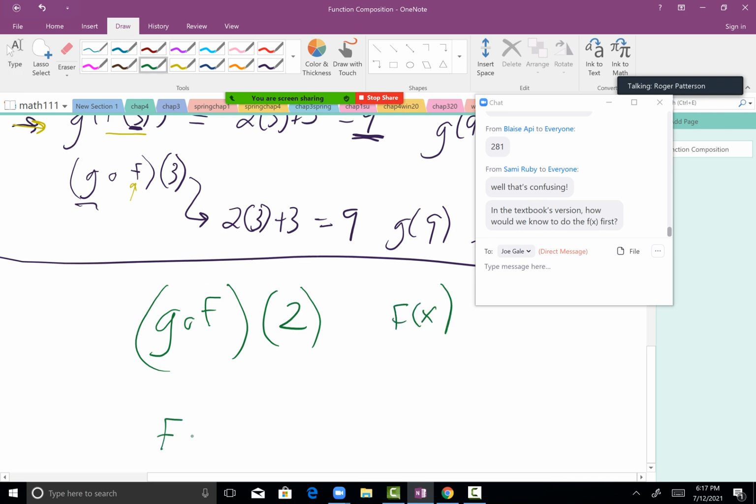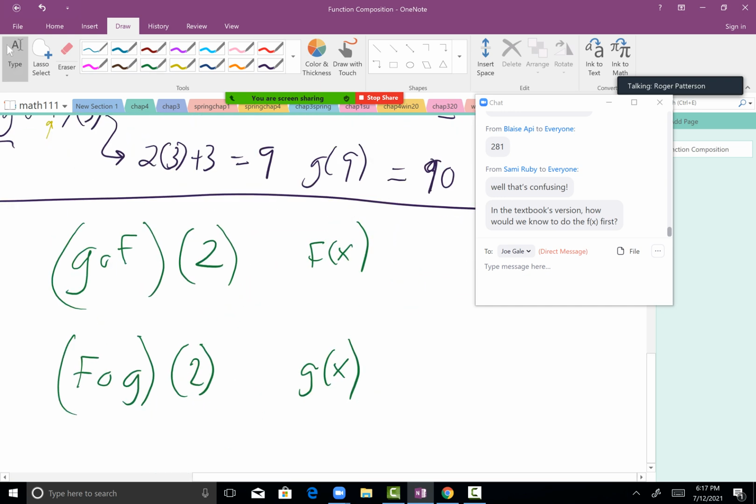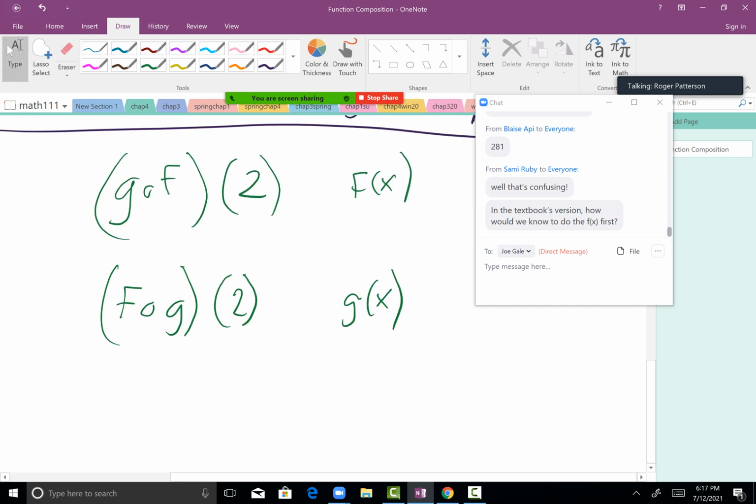If it's like this, you would do the g of x first. And that's the exact reason why I like to do it this way, because then I know which one I'm going to do first. Okay, I know I'm going to do the g of 2 first because that's inside.